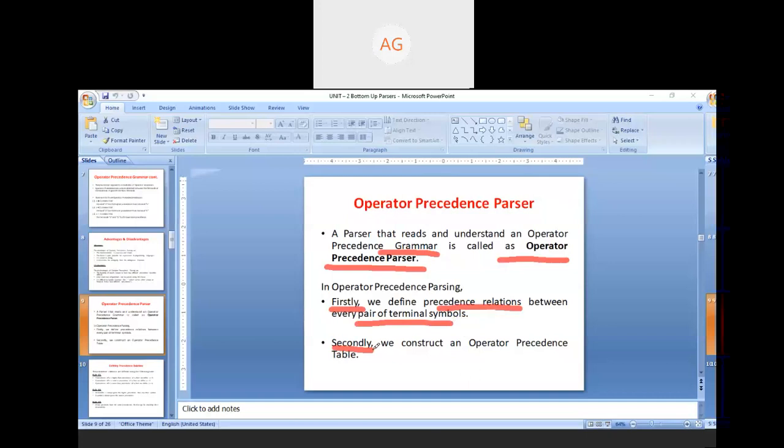And secondly, we construct an operator precedence table. So these are the two things we need to follow in operator precedence parsing. And the important thing is that the operator precedence parser is the parser which needs to understand the operator precedence grammar. So moving to the next slide.